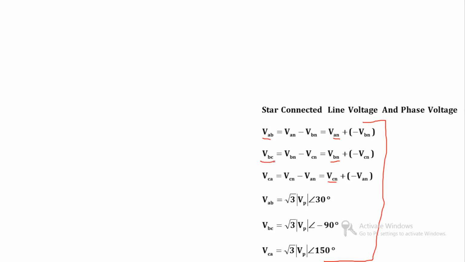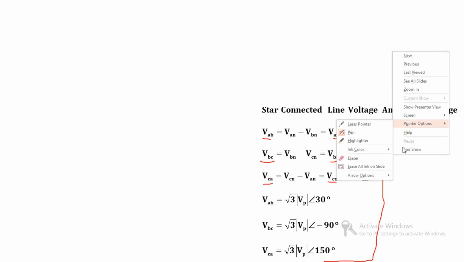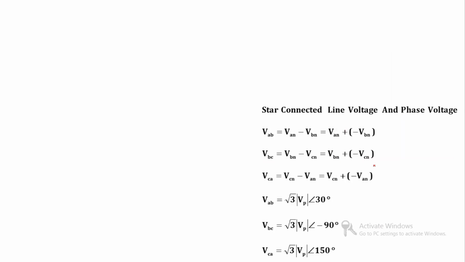VAB, VBC and VCA are the line voltages for star connection. The basic formula is that VAB is equal to VAN minus VBN. I can rewrite this equation as VAN plus in bracket minus VBN. Why I have written it in this form, you will learn later in this lecture.